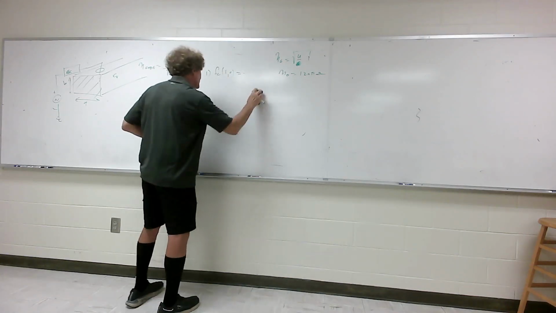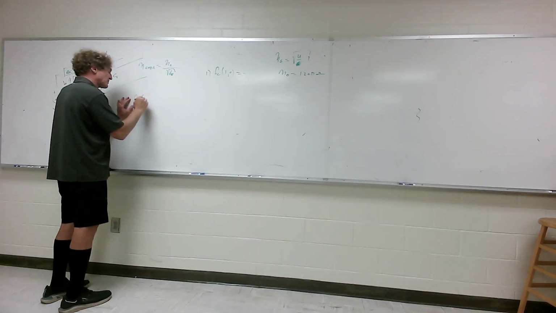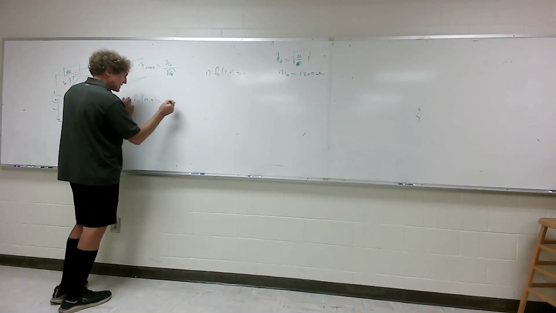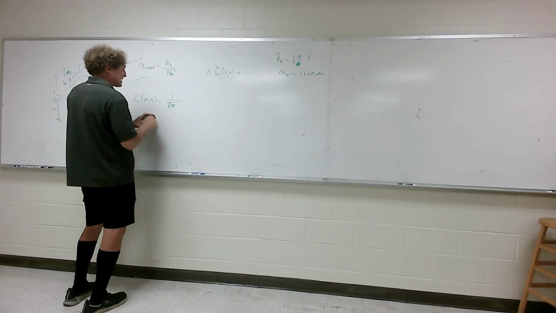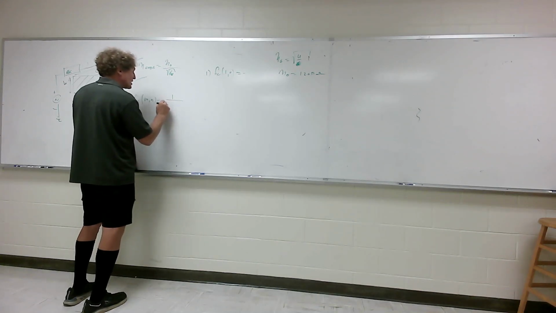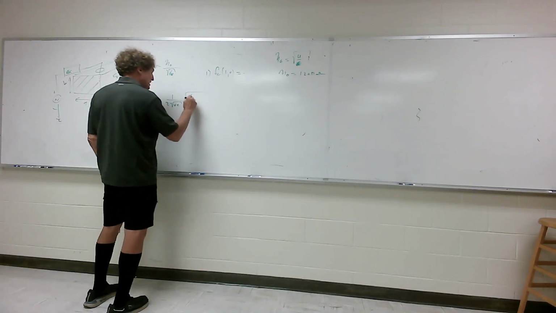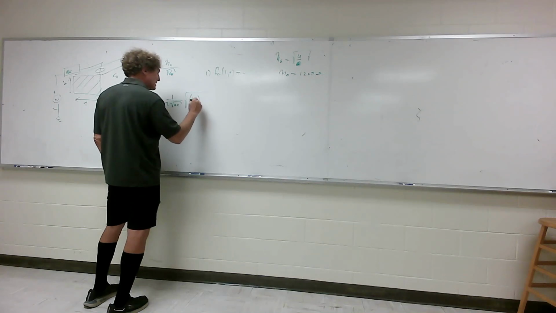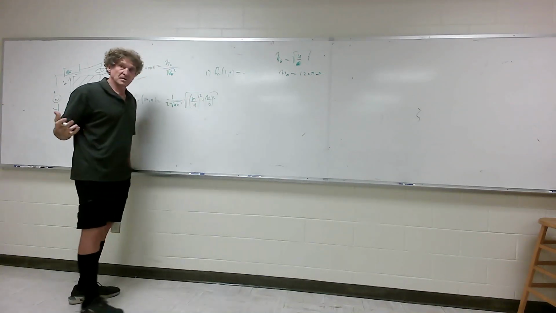And let me just do this so everybody understands this. We can take a look at the cutoff frequencies of the guide for the MN mode. That's typically 1 over 2 square root of mu epsilon, right? And then it's going to be the square root of m over a squared plus n over b squared. Do you all know what I'm doing here?